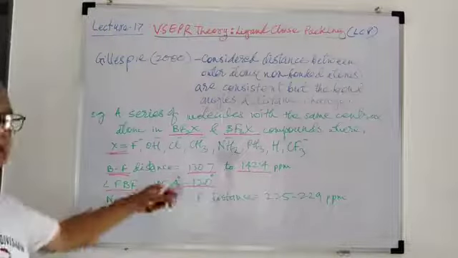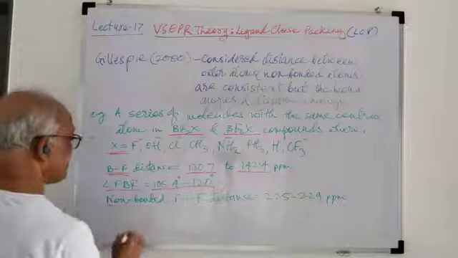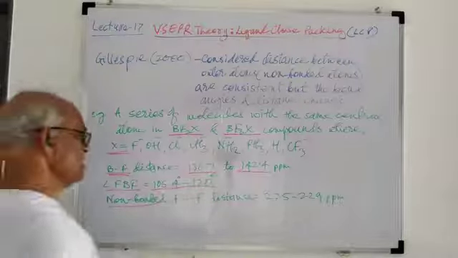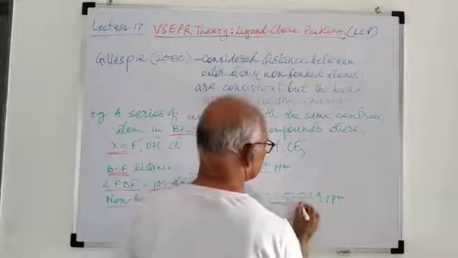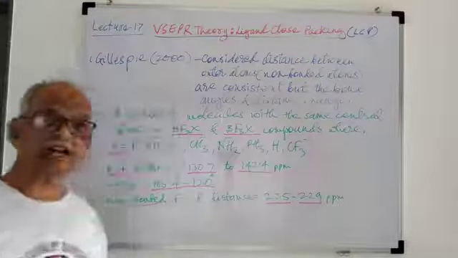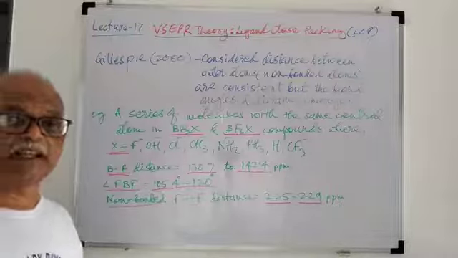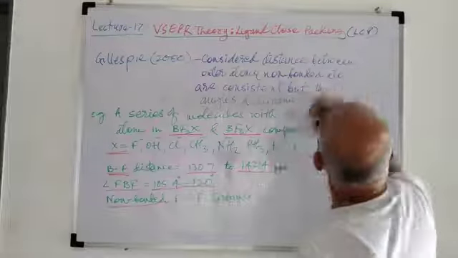So there is some range which is valid, and the non-bonded atoms, that is FF, which are outer atoms, the distance ranges between 225 to 229 ppm. Now we will see this in tabular form and explain in detail.